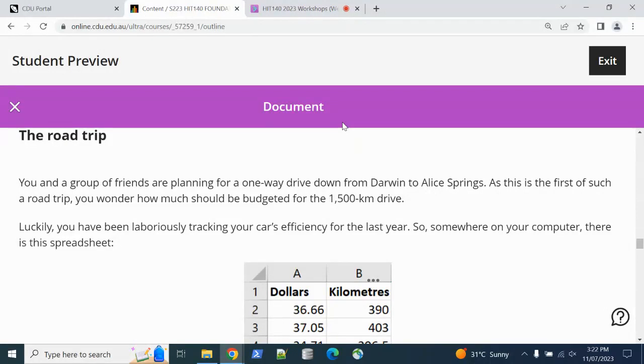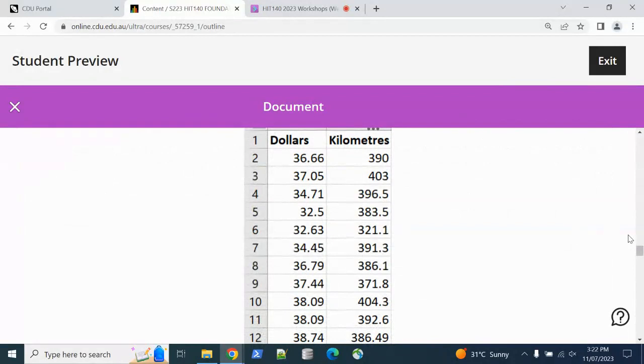Luckily, you have some previous data. You have been laboriously tracking your car's efficiency for the last year, so somewhere on your computer there's this spreadsheet. Previously you traveled 390 kilometers and paid $36.66.